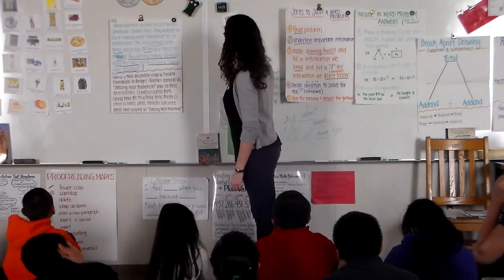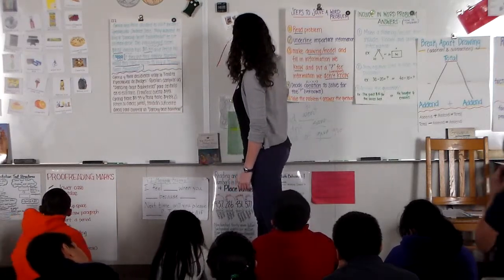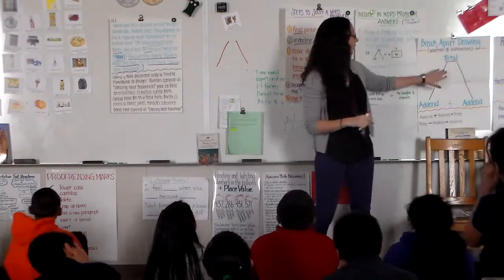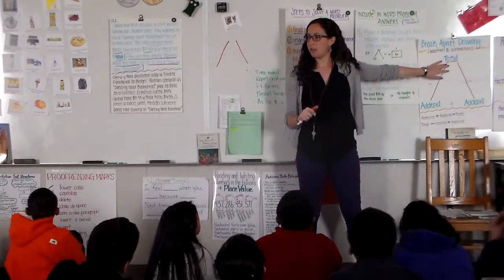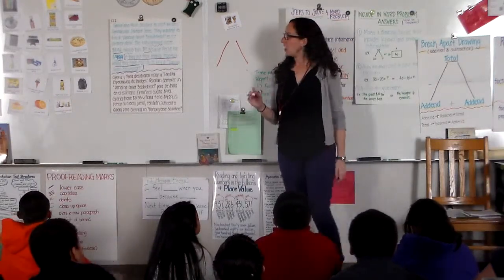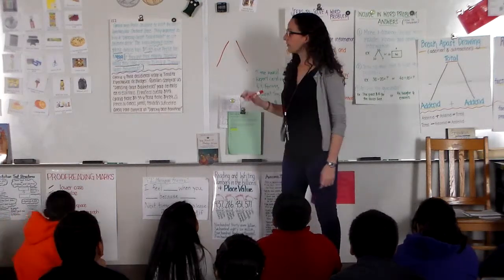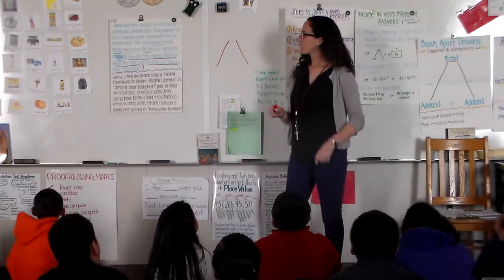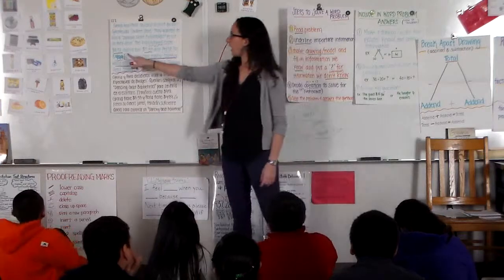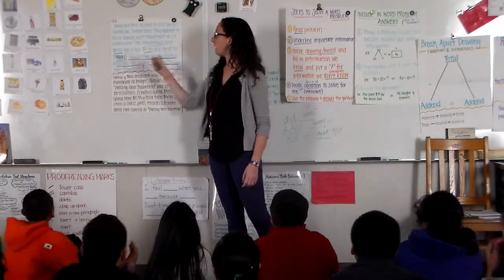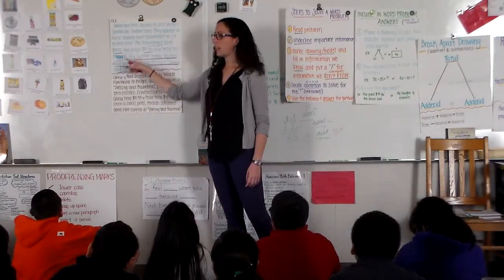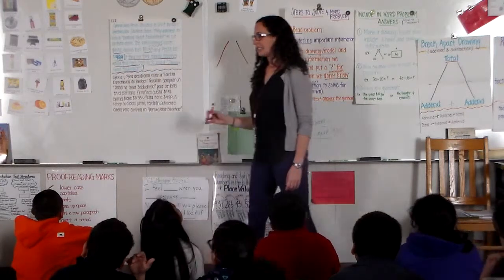With the break apart drawing, we put our total up here, meaning how much money we're gonna spend in all. Do we know how much money we're gonna spend in all? No. 9.51, well, I guess we would be spending that in all, but do we know how much money they have in total yet? No. Put a question mark.